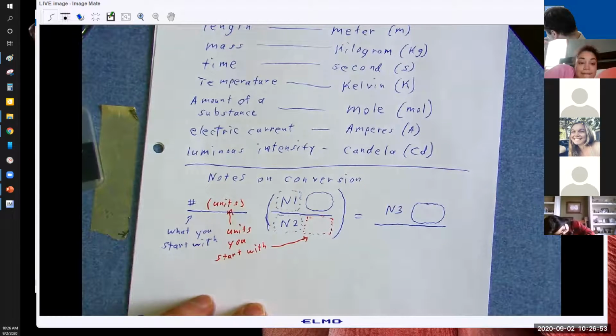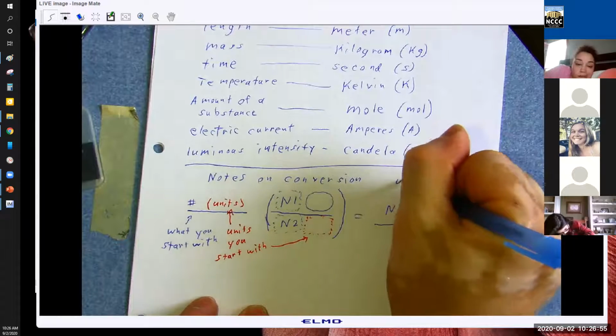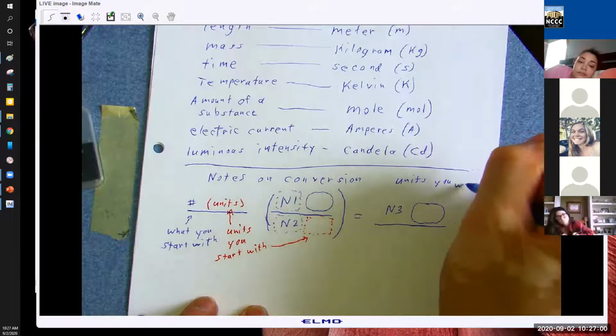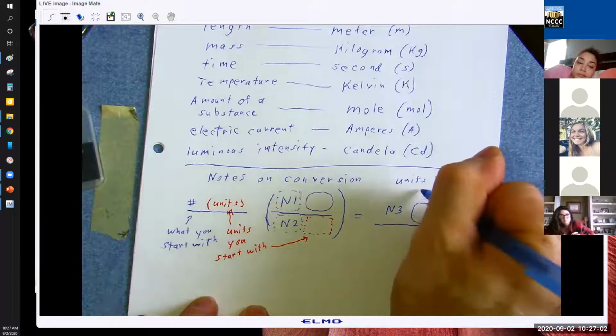These are the units you want. This looks confusing, and we'll do an example.